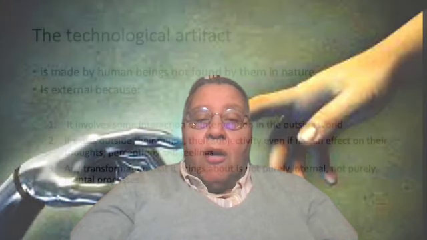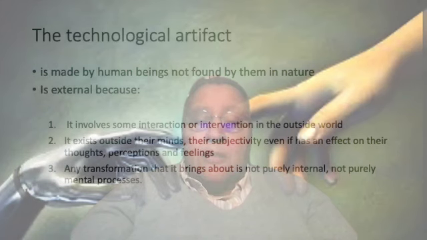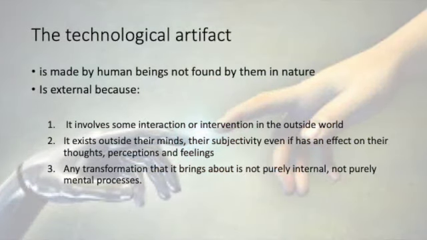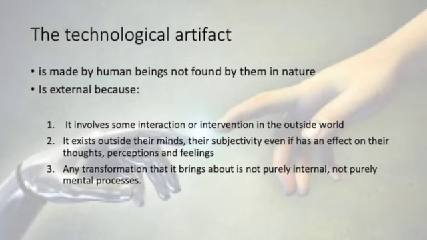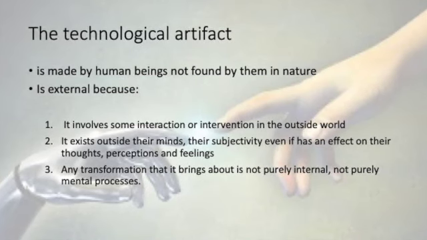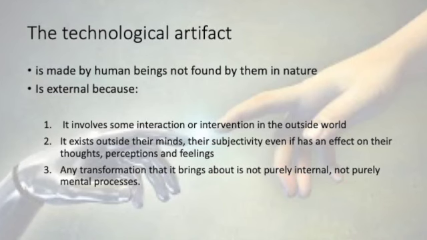Both hardware and software are equally artifacts. Both are made by human beings. I would stress that we always need to qualify the technological artifact as external because we want to exclude more abstract usage of the word and emphasize that the technological artifact always exists outside in the world.